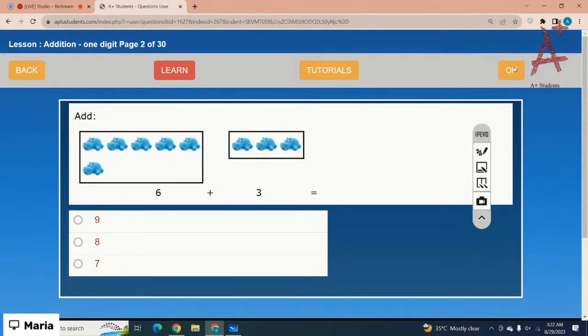In first group you have 6 toys and in the second group you have 3 toys. So, you have to add, just count them together. When you count them together it makes 9. So, the correct option is 9.